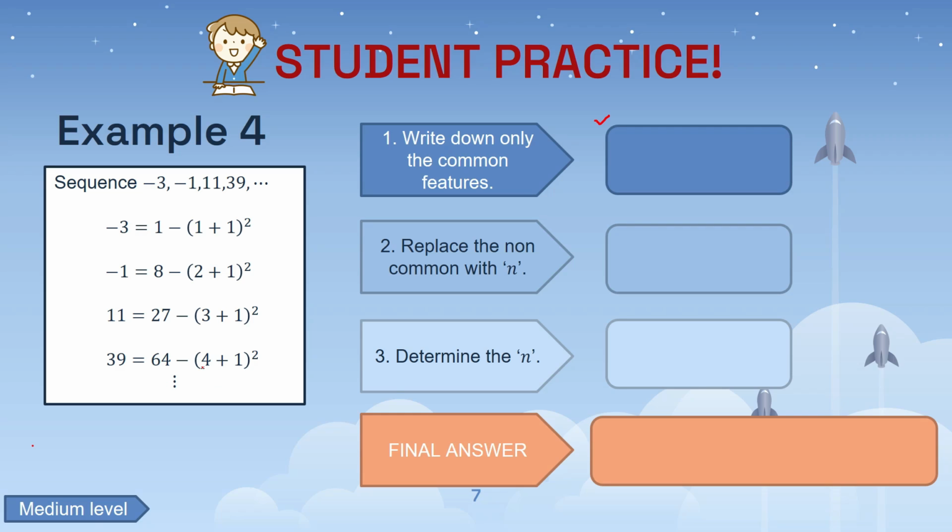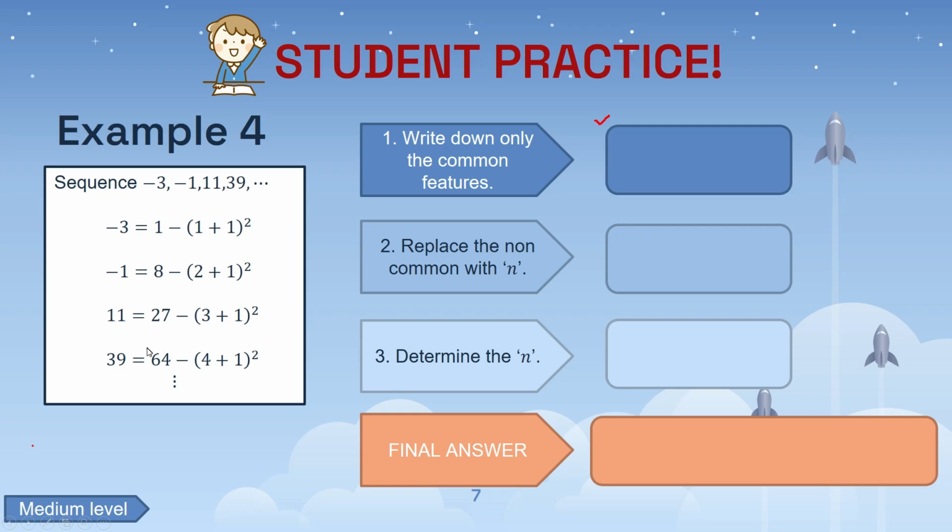N cube minus bracket n plus 1 squared. Okay, that is your answer.